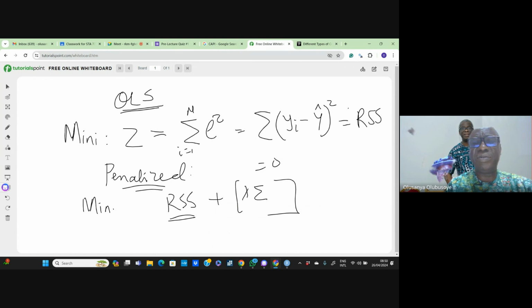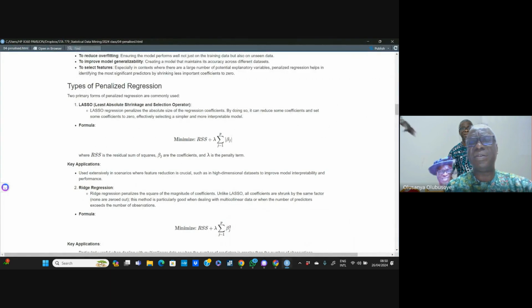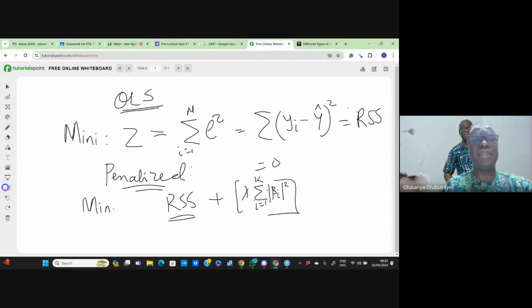And for LASSO, we are minimizing the absolute value of the individual coefficients. Of course, there are k parameters there, so i goes from 1 to k. In this case, there is no square.